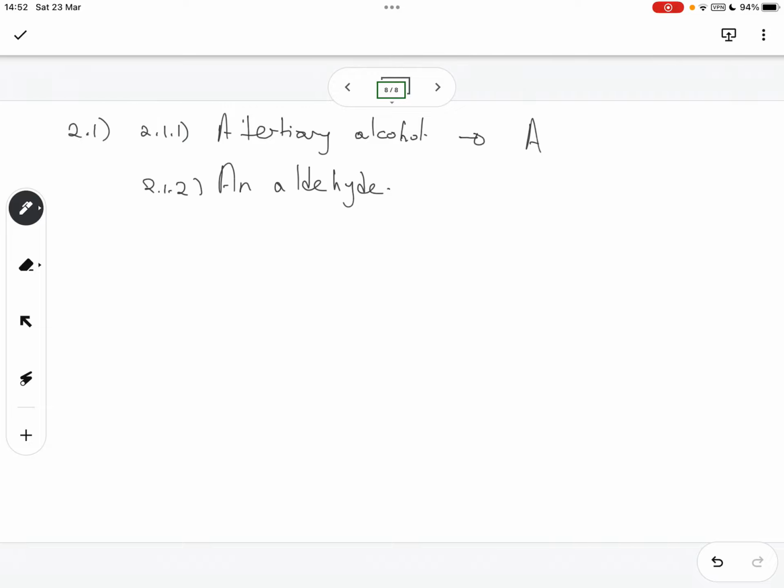Answer is B. And that's because an aldehyde would have a double bond to an oxygen, 1 bond to a carbon, and 1 bond to a hydrogen.